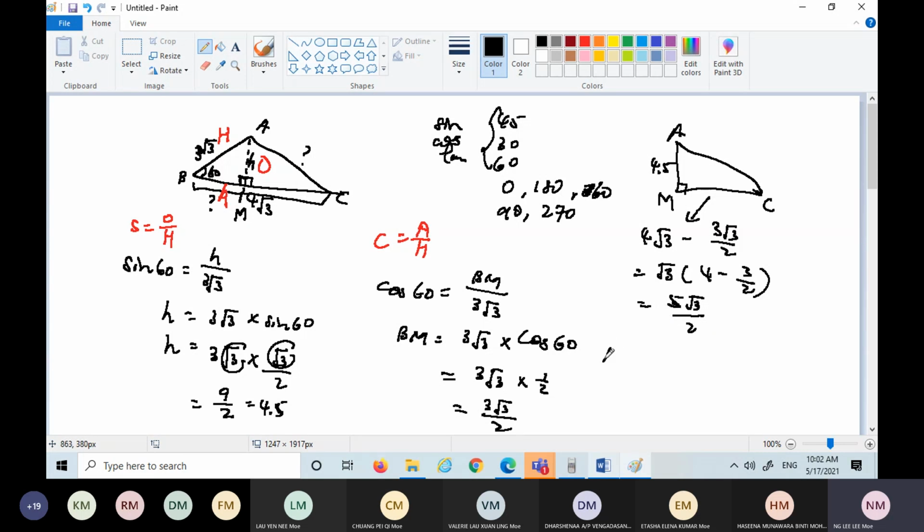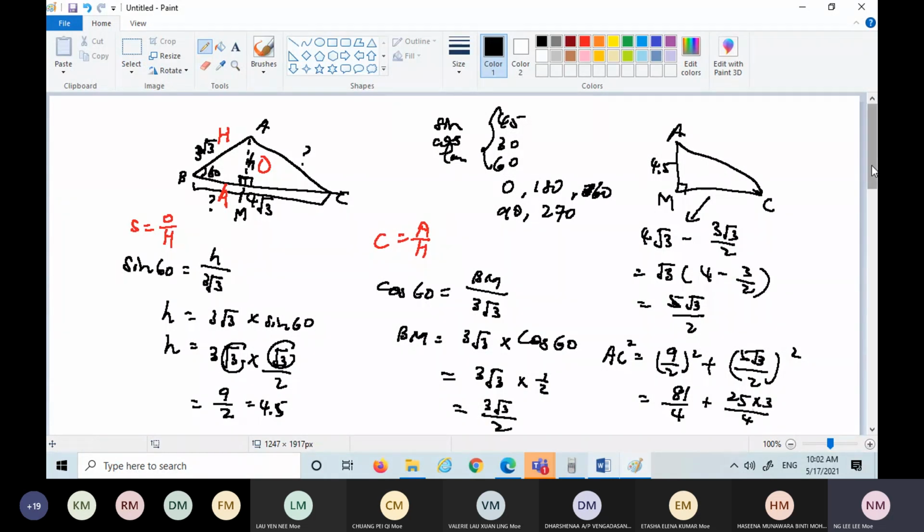Now I want to find AC by using Pythagoras theorem. So AC is the longest length, so 4.5 I can write 9 over 2, squared, plus 5 over 2 square root 3, squared. This one expand, 25 times 3 over 4.